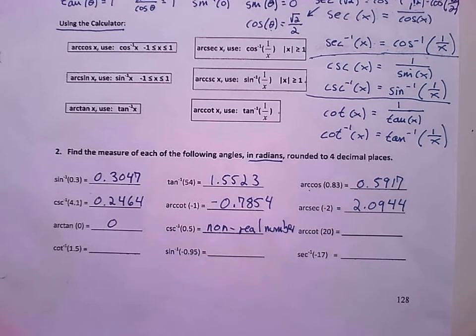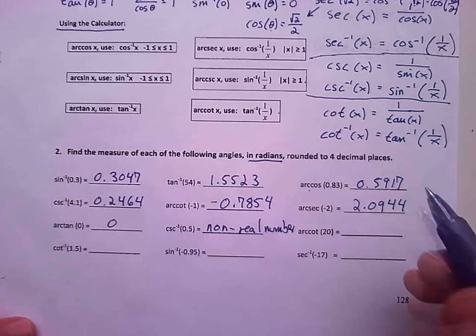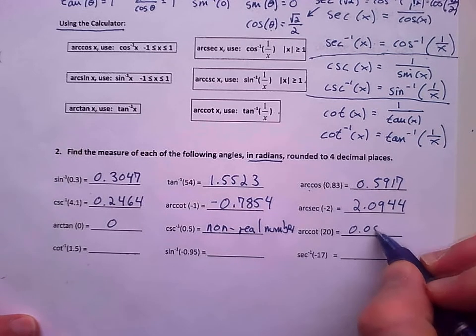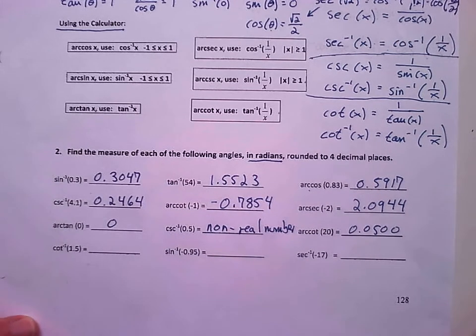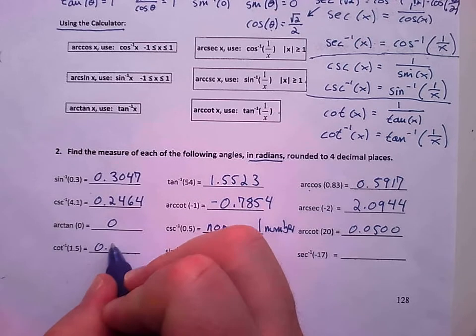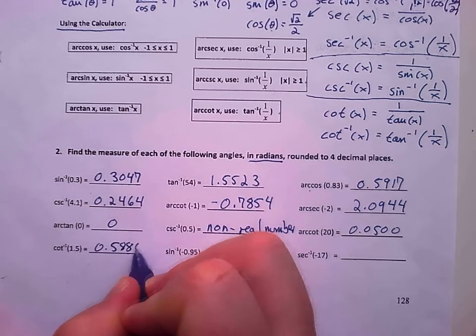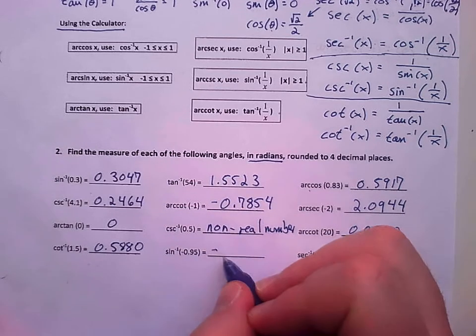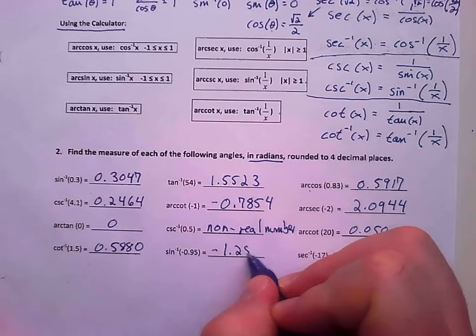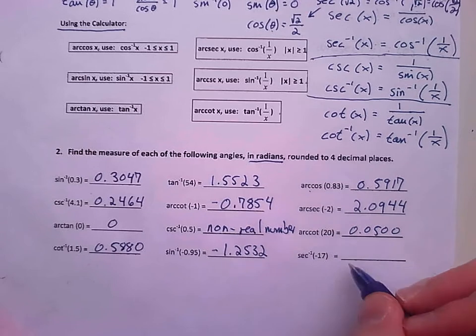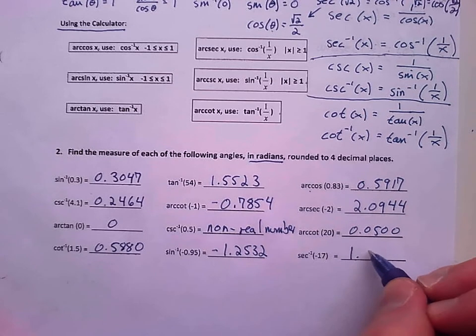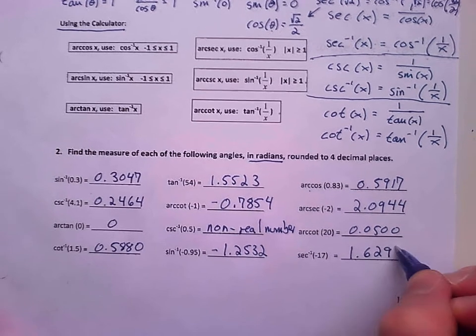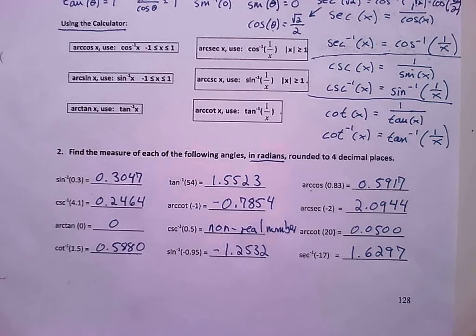If you plug this one into your calculator and round it to 4 decimal places, you get 0.0500. This one to 4 decimal places is going to give you 0.5880. This one's going to give you negative 1.2532. And this one's going to give you 1.6297.